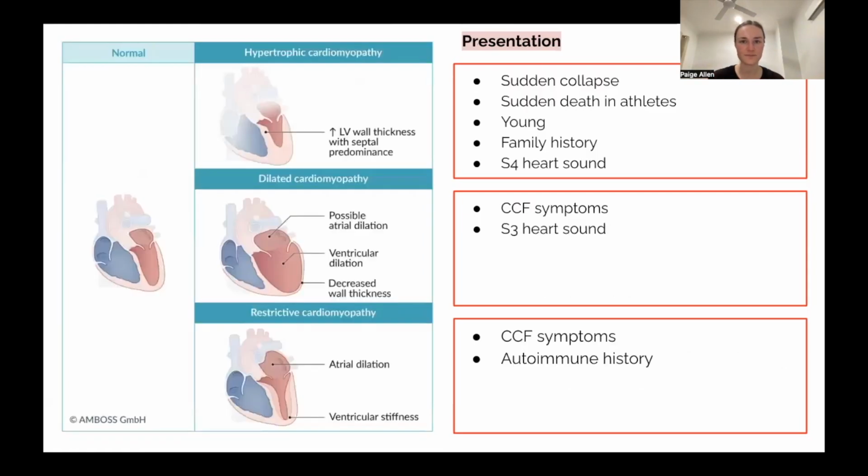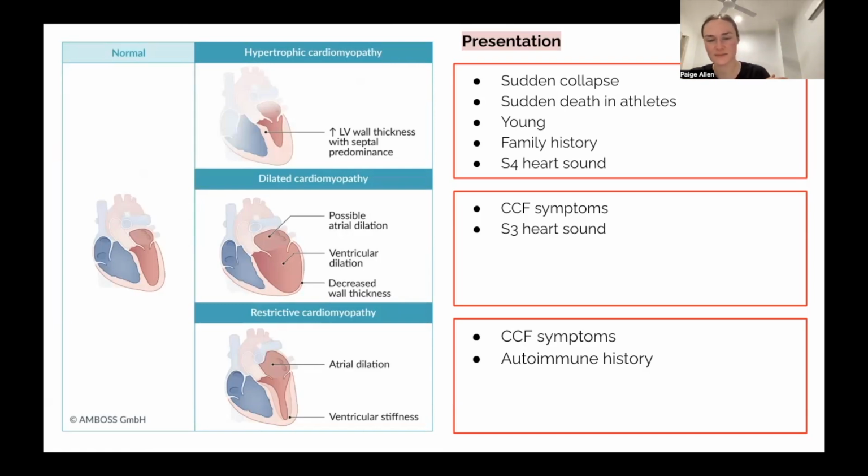heart. In terms of presentation, hypertrophic is similar to what we talked about before: sudden collapse or sudden death in an athlete, usually a young person with a strong family history of similar events, and they'll get that S4 sound because of the blood hitting that hypertrophied part of the ventricle, as we talked about.